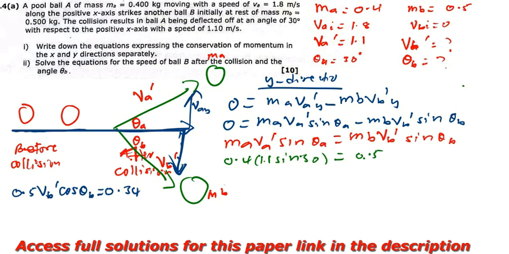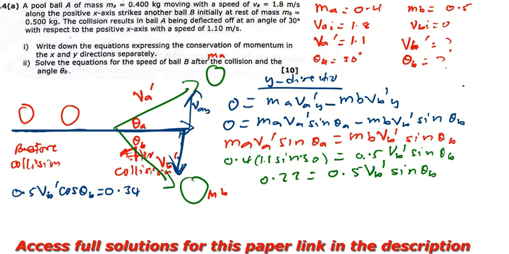I don't know what VB is and I don't know what the angle is. So we have 1.10 sine 30. The answer I get times 0.4 is 0.22. 0.22 being equal to 0.5 VB prime sine theta B, like that.